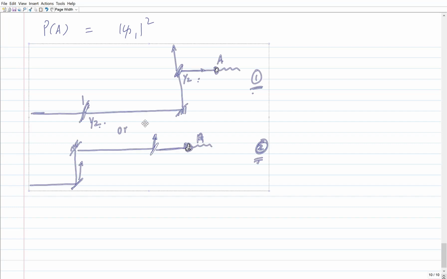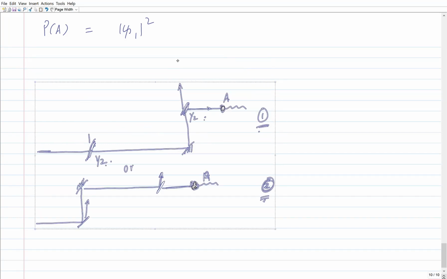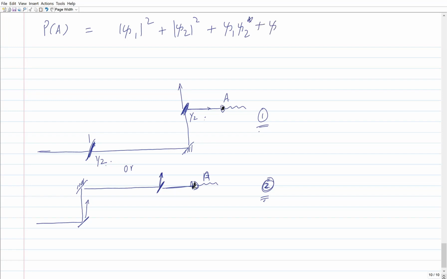So doing it more explicitly, the probability of event A was psi 1 squared plus psi 2 squared plus psi 1 psi 2 star plus psi 2 star psi 1. Sorry, this should be 1 and this is 2 over here.